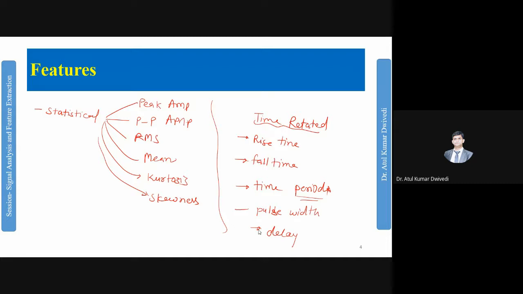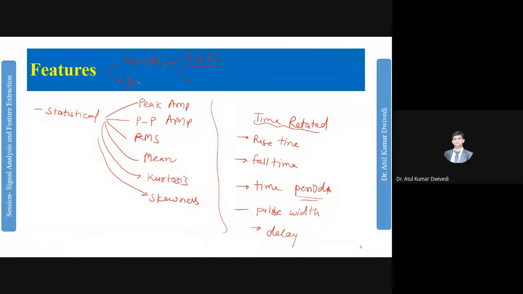And the features, whatever features I am telling, these are the general features. There can be specific features specific to the signal, like an ECG signal has some specific features, PQRS kind of peaks and their peak to peak differences in PQRS. And these are the general features.